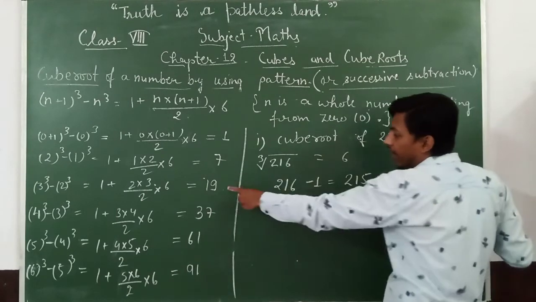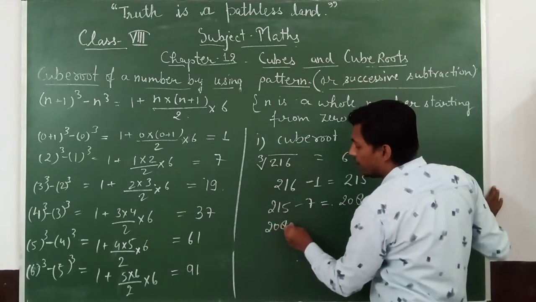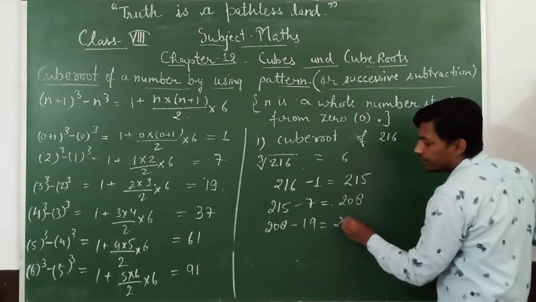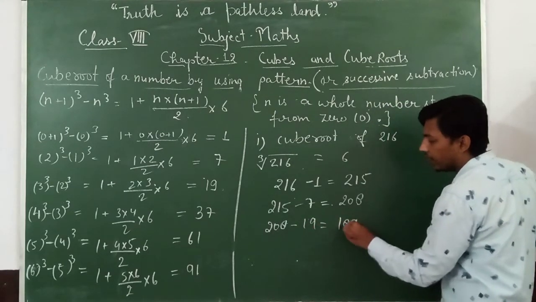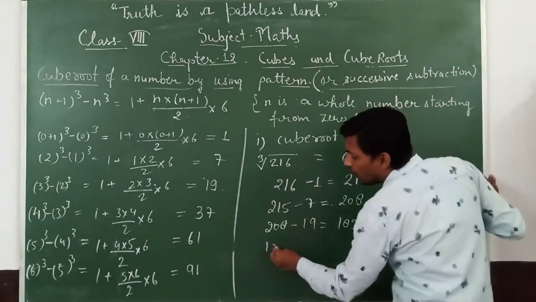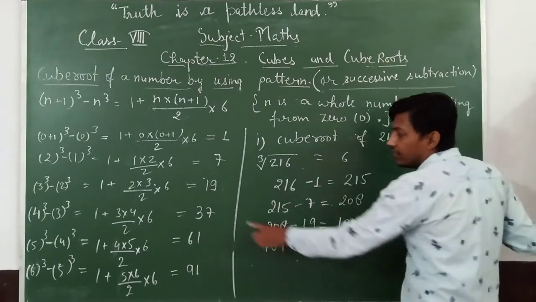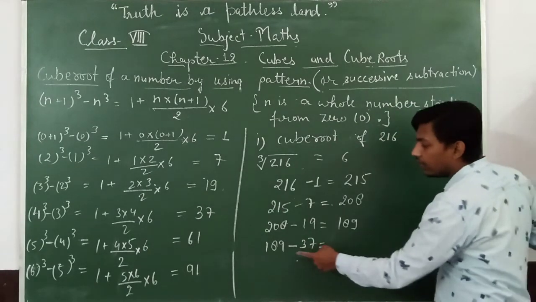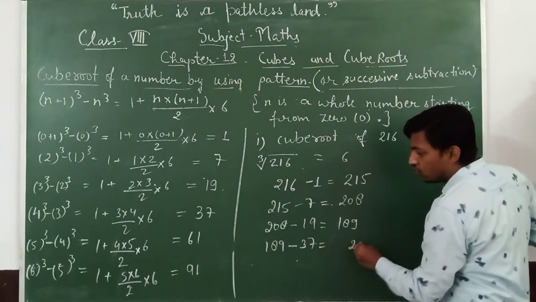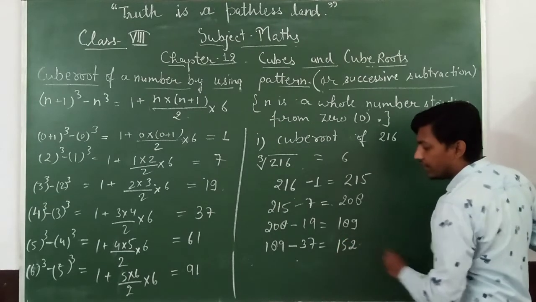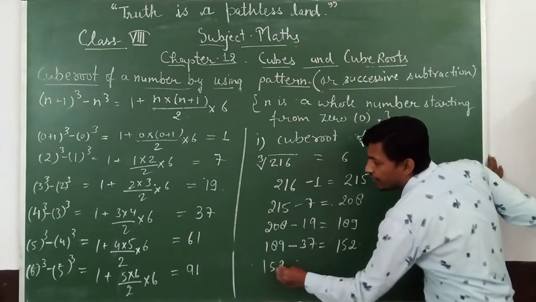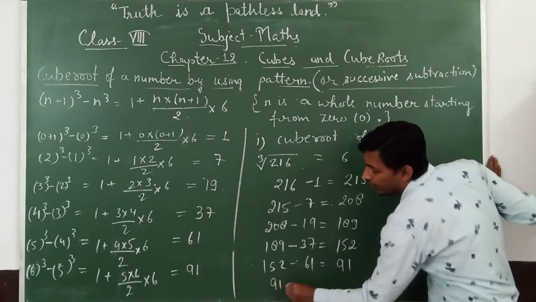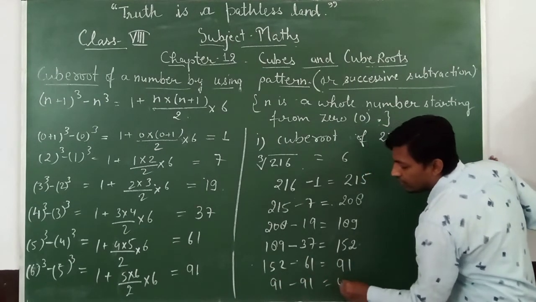From this answer subtract 19. 208 minus 19 is 189. 189 minus 37 is 152. 152 minus 61 is 91, and 91 minus 91 gives 0.